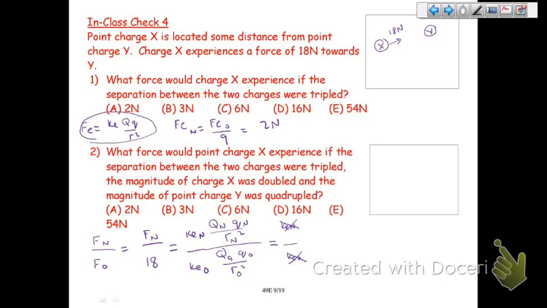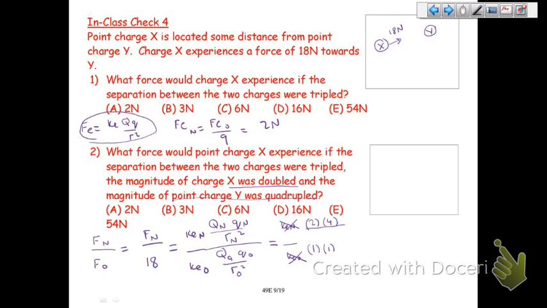The magnitude of charge X is doubled. So let's call that one 2 and that one 1. You could call it 200 and 100 or 2,000 and 1,000 or 56 and a half of 56. It doesn't matter as long as the ratio is 2 to 1. And then that one is quadrupled. So that would be 4 and that would be 1.